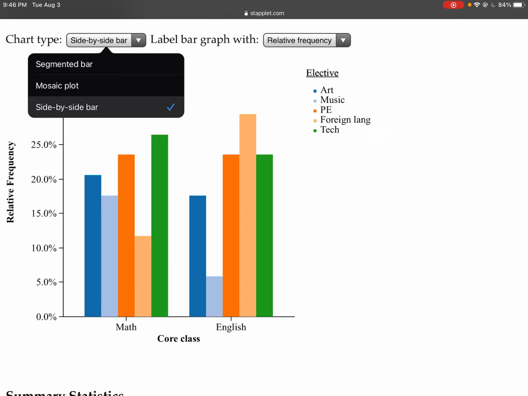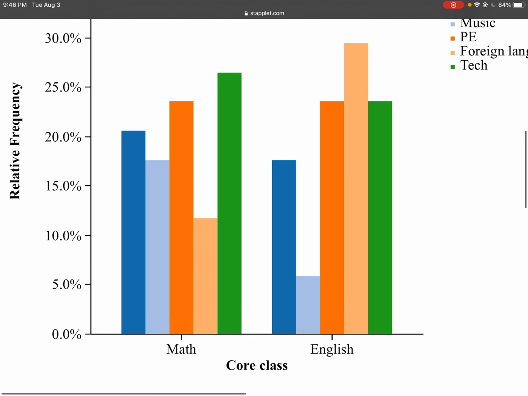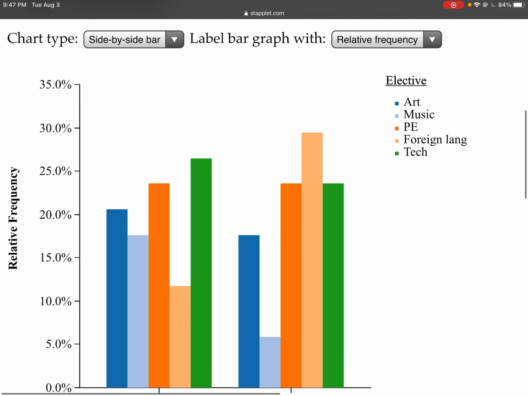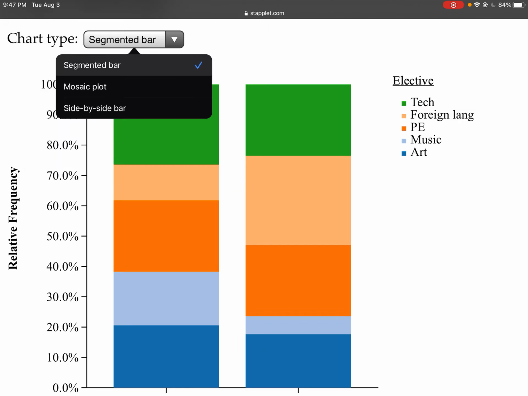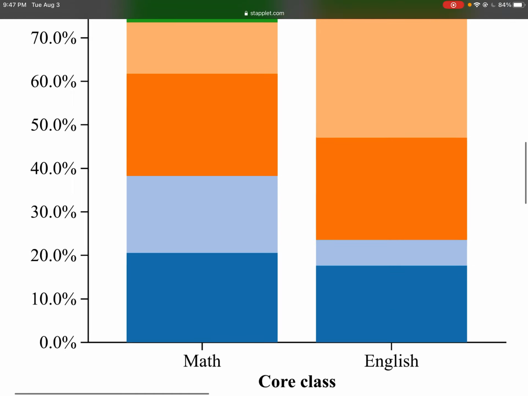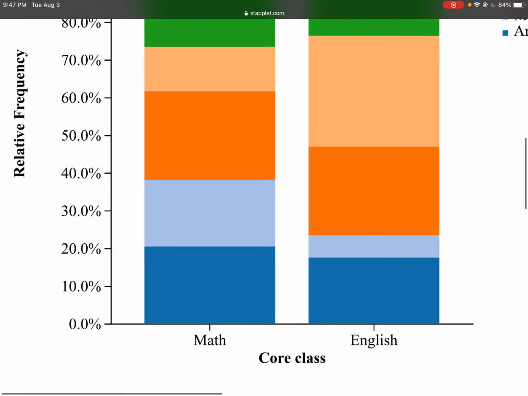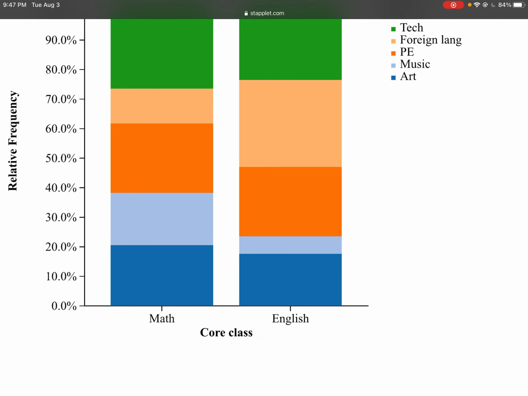Let's look at, for instance, the light blue bar for the math group. That's those that like music. It's about, I don't know, somewhere between 15 and 20%. And in the segmented bar graph, if you were to figure out the size of the light blue segment, it should be the same percentage.